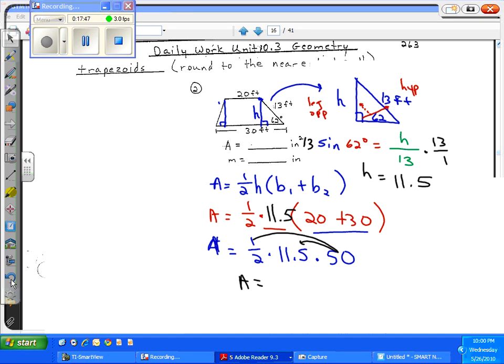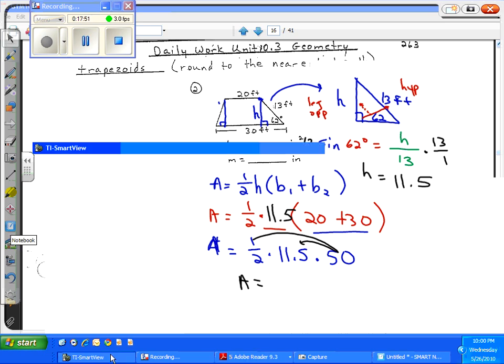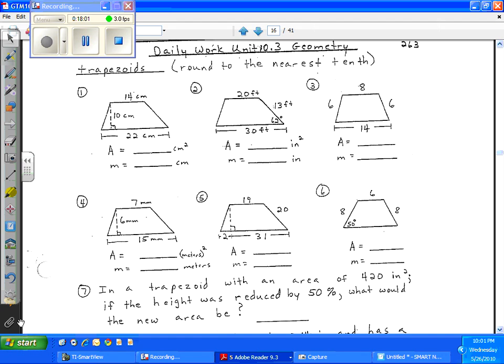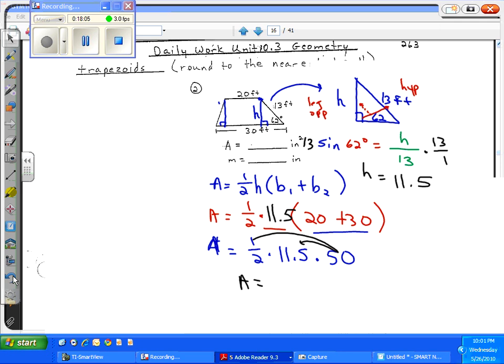Half of 50 is 25 times 11.5. 25 times 11.5 is 287.5. So the area is 287.5. Okay.